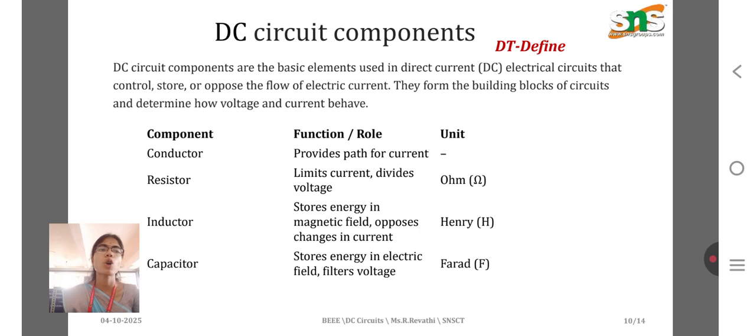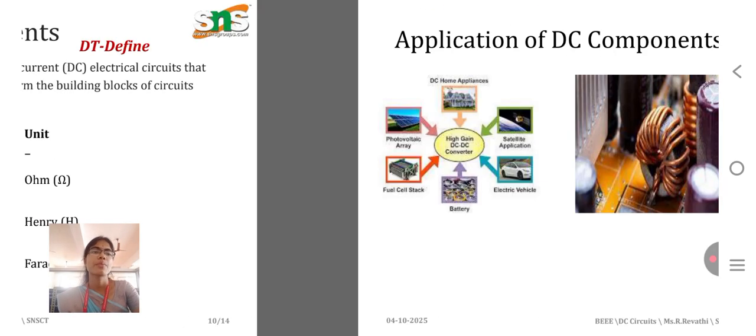They form the building blocks of circuits and determine how voltage and current behave. Conductors provide a path for current, whereas a capacitor stores energy in an electric field and filters voltage. Resistance limits current and divides voltage, and an inductor stores energy in a magnetic field and opposes changes in the current.